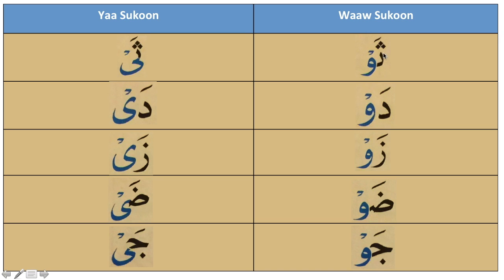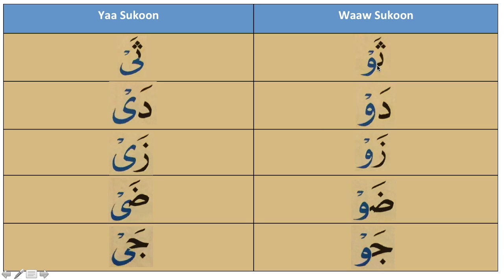You say tha fatha waaw sukoon, thaw. So notice the tha fatha, if there was no waaw sukoon, you would say tha fatha, tha. But because of this waaw sukoon, you add an aw at the end. But it's a very short and quick aw. So you say tha fatha waaw sukoon, thaw.